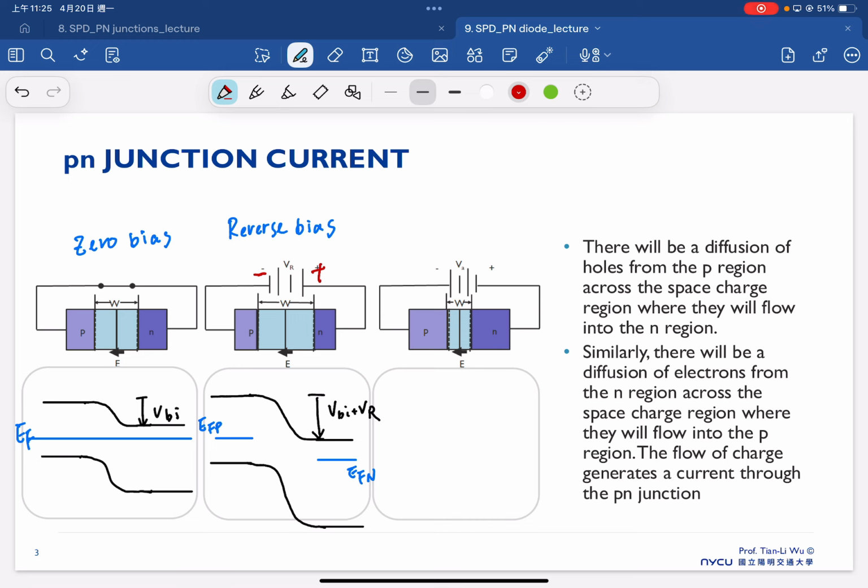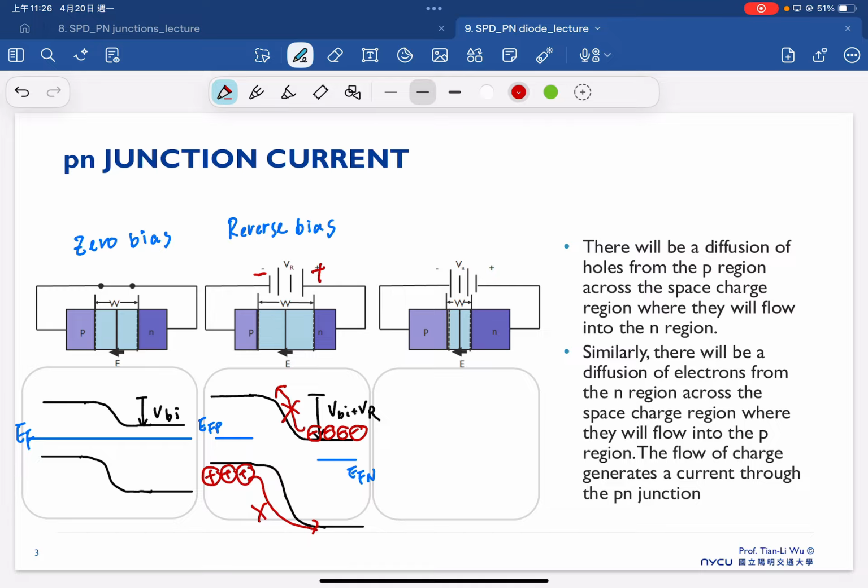Because of this reverse bias, there will be a larger barrier, and therefore we don't expect to see any electron flow, and we don't expect to see any hole flow. So this is something that we have already mentioned.